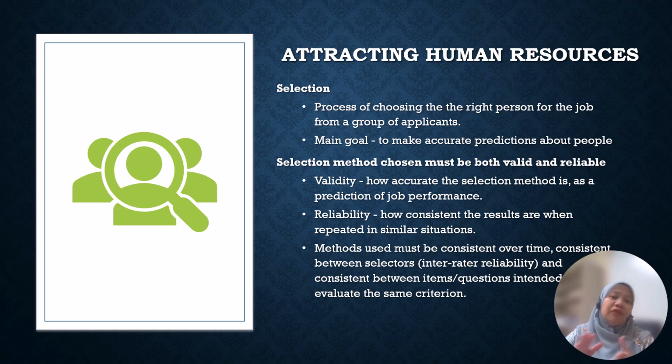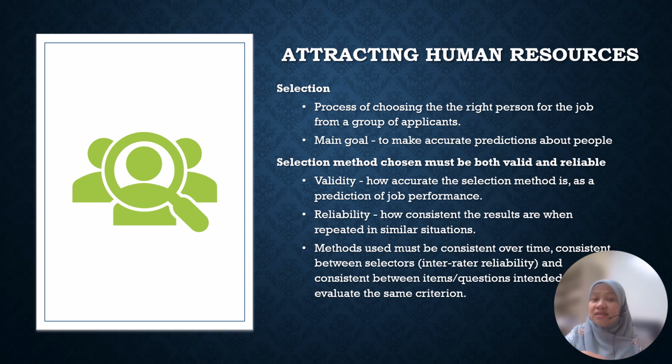So next, we move to the levels of selection in the HRM process. It is the process of choosing the right person for the job from a group of applicants. The main goal of selection is to make accurate predictions about people. So selection methods must be both valid and reliable. Valid means how accurate the selection method is as a prediction of job performance.